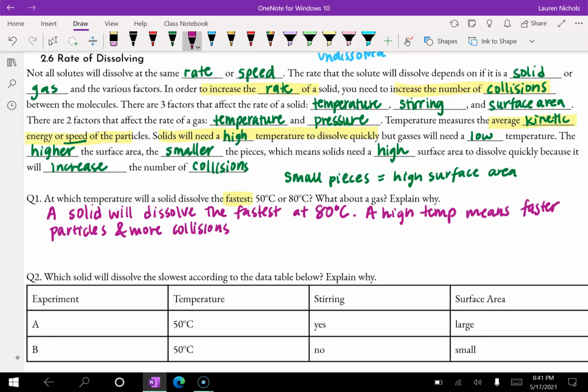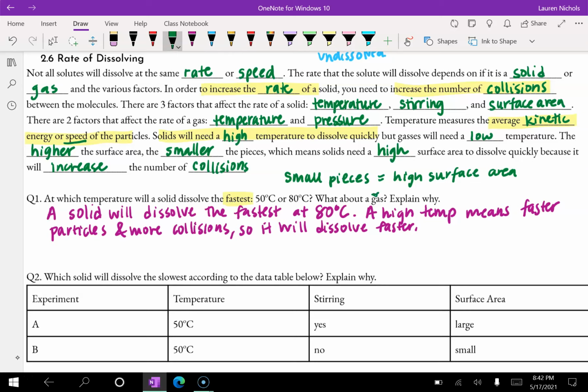So it will dissolve faster. Any good explanation of rate for a solid or a gas will include how it changes the molecules and how it changes the collisions. What happens to the collisions to change the rate?